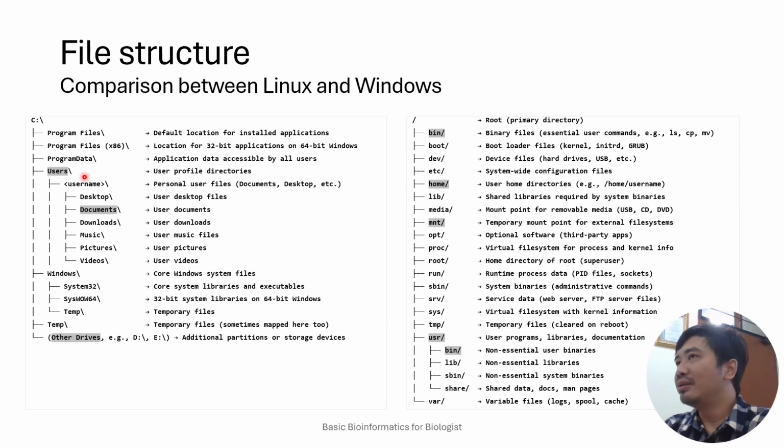Okay, in Windows, one software is stored in program files. It already includes its own library, its own supporting files to run the algorithm. But in Linux, when you install the software, you share the needed libraries with other software.